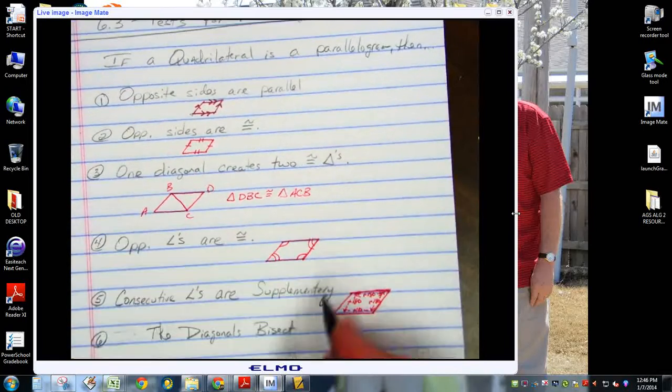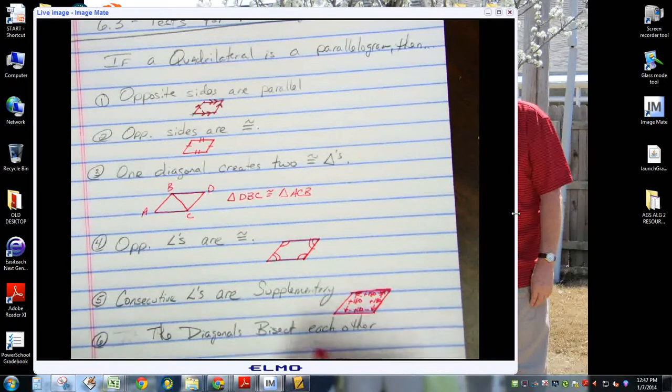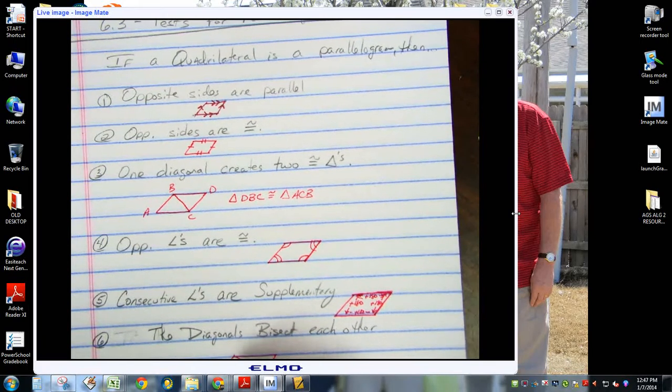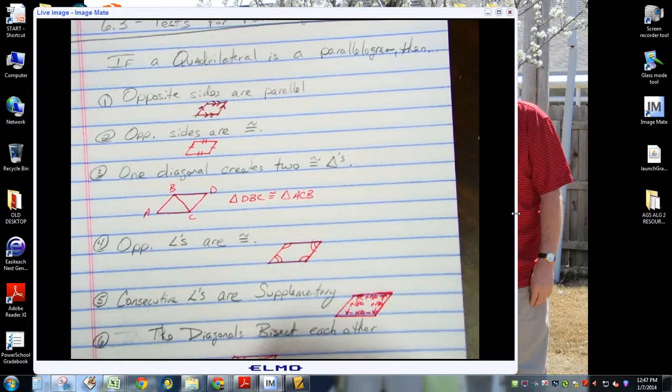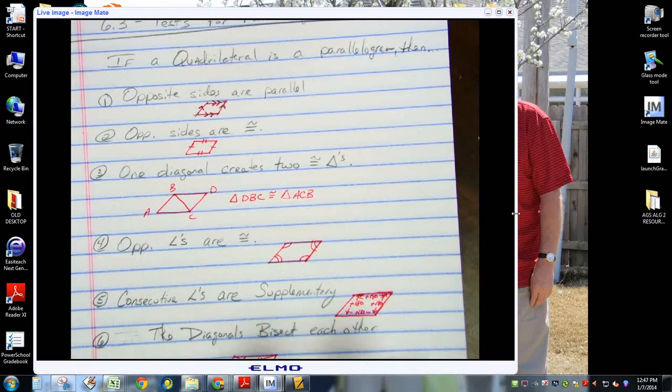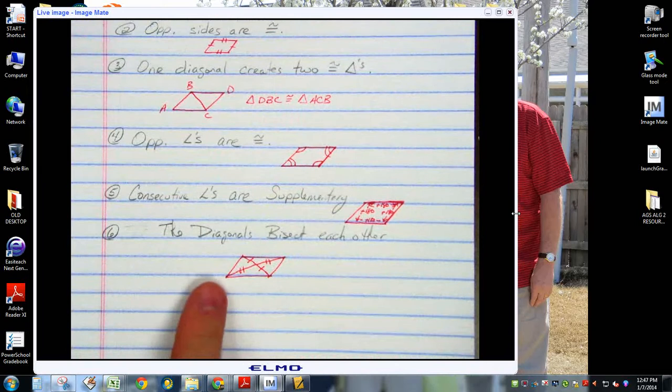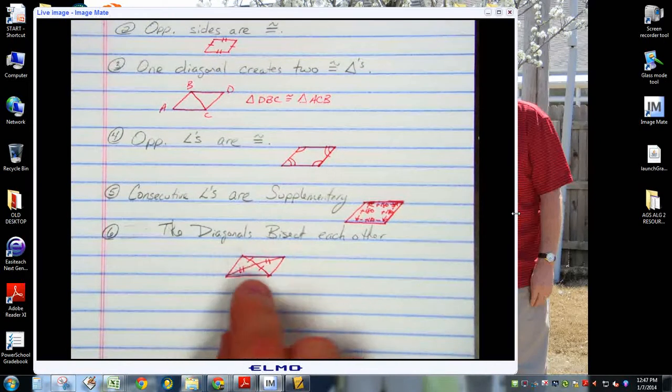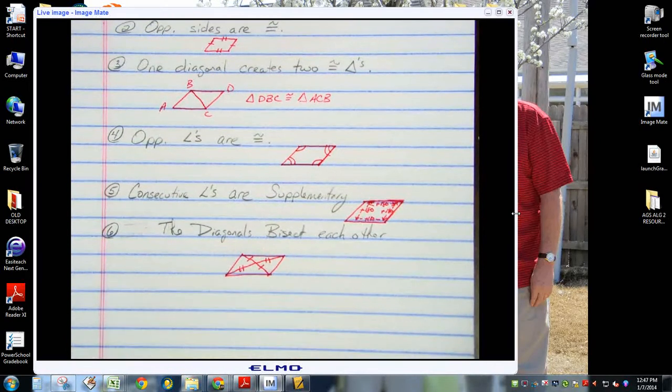The diagonals bisect each other. Picture of that. That cuts that in half, and that one cuts that one in half. It doesn't cut them into 4 equal parts, but it cuts them into 2 equal halves per diagonal.